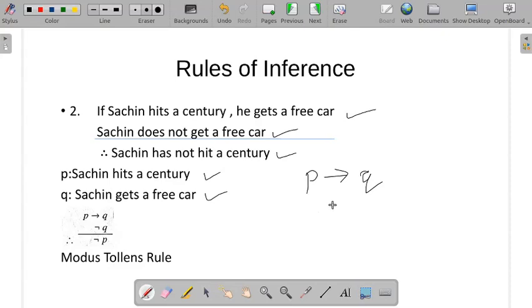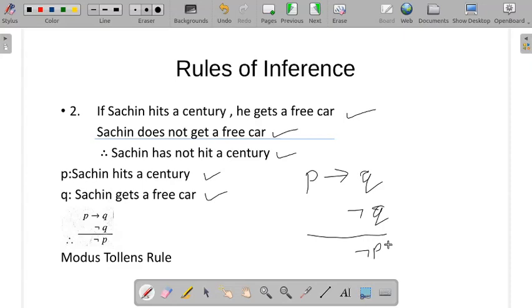Sachin does not get a free car, negation Q. Sachin has not hit a century, negation P.